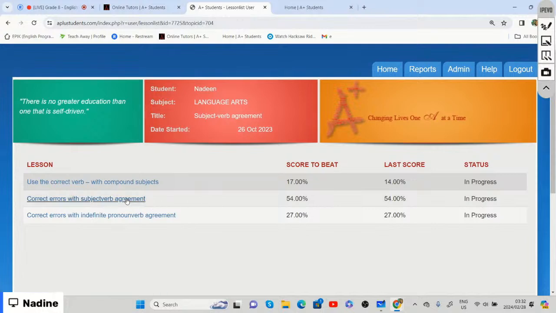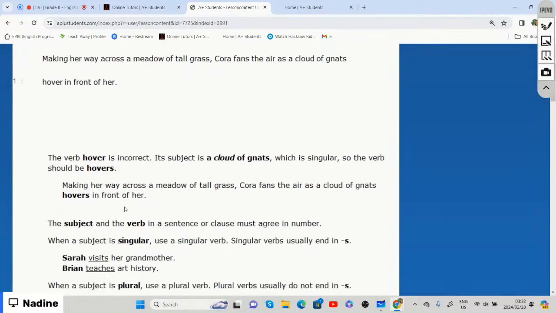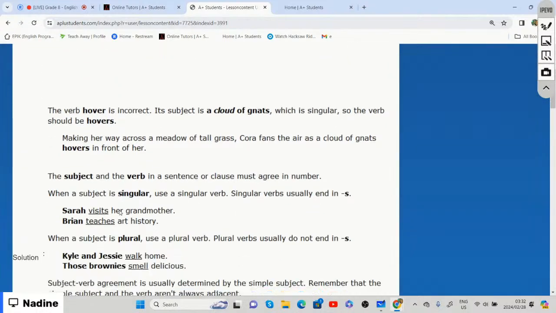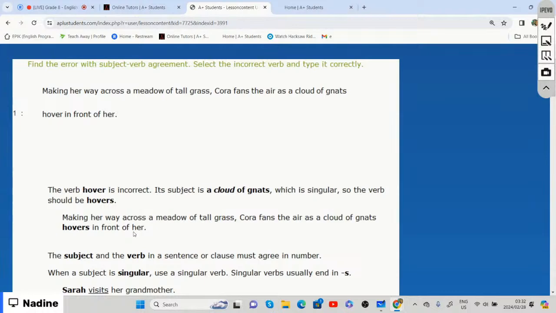All right, so now we're going to correct the errors with the subject verb agreement. When we correct the errors with the subject verb agreement, it means we're going to have to look at our singular subject as well as our plural subject, in order to correct whichever words are wrong within the sentences.